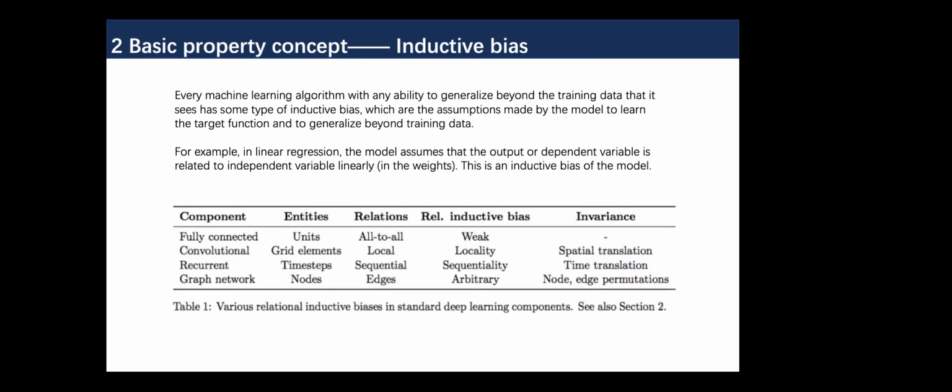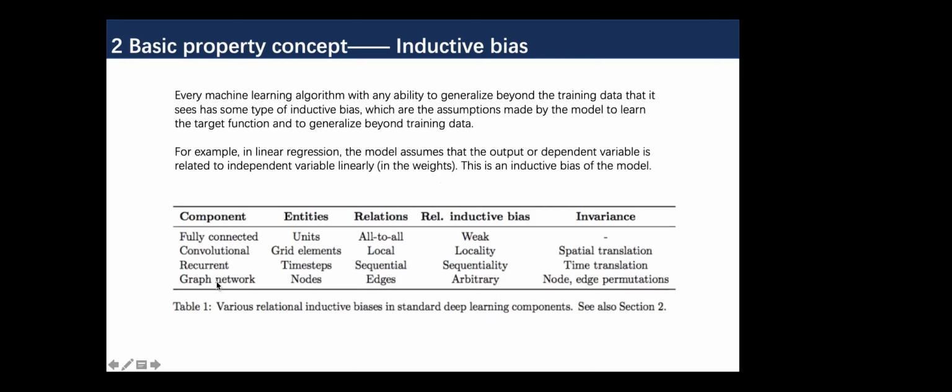This property has nothing to do with the data set. For example, in linear regression, the model assumes that the output, or dependent variable, is related to the independent variable linearly.